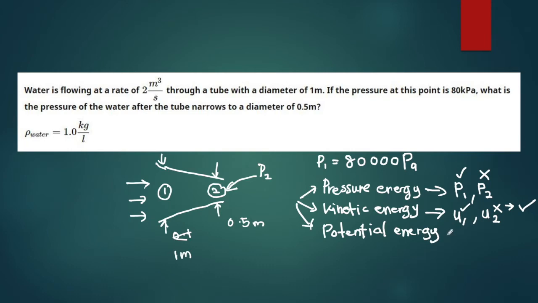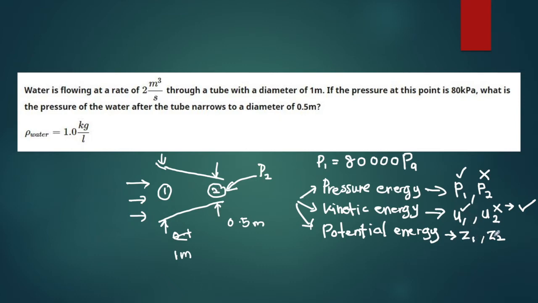What about the potential energy? For potential energy, we have to have Z1 and Z2. Previously I have already given some guidelines in the video on how to find Z1 and Z2. At this point, our point for section 1 and section 2 is in the middle of this pipe, or tube. Therefore Z1 and Z2 have the same height or elevation.